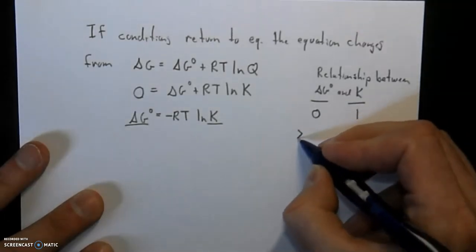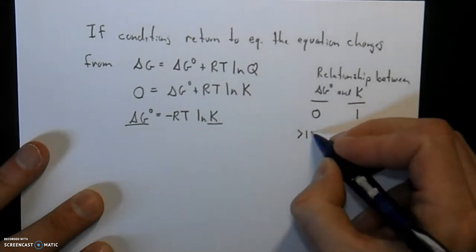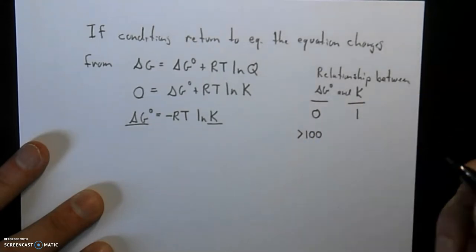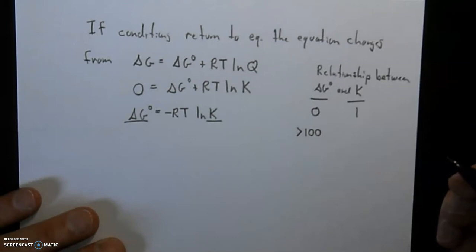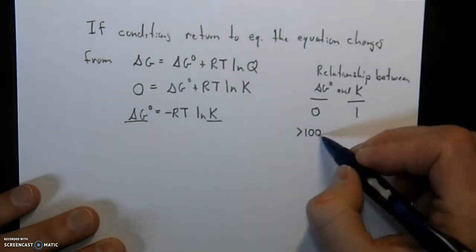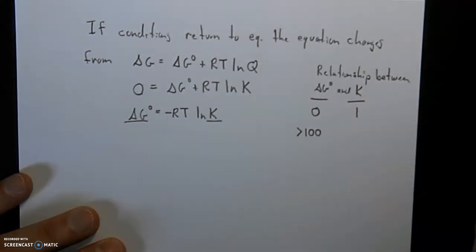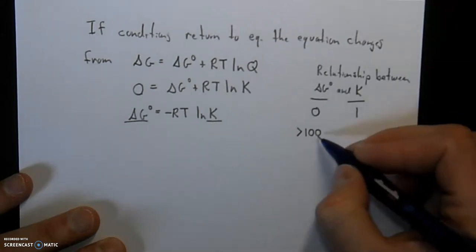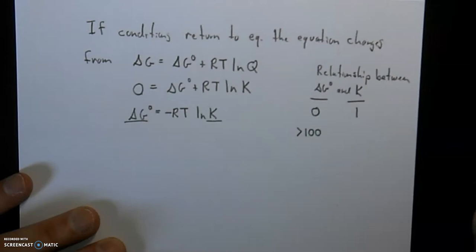If we're looking at a positive value of delta G that is something large, something greater than 100, what does that tell you in regards to equilibrium, as far as K? That would tell me that if this reaction is very, very positive, does it move over to products?